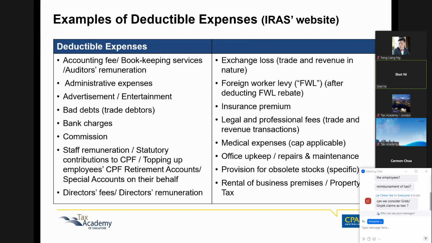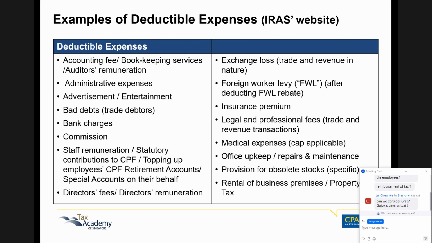Then we have directors' fees, directors' remuneration. Foreign exchange losses must be in respect of trade and revenue nature. Then the foreign worker levy, insurance premium, legal and professional fees. All this must be in respect of trade and revenue transactions.